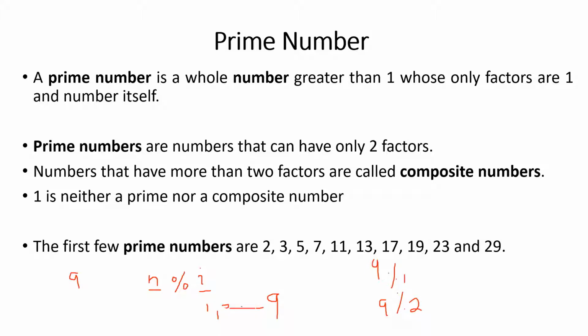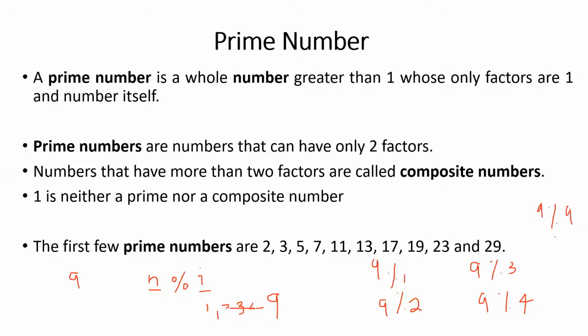In the next iteration, I will be 3, so it will become 9 mod 3. Then I will be 4, so it will be 9 mod 4. This way, we will be checking whether 9 is completely divisible by 1, by 2, like that. Up to which number? I value we will be incrementing each time, and we will be checking until the I value is 9, right?